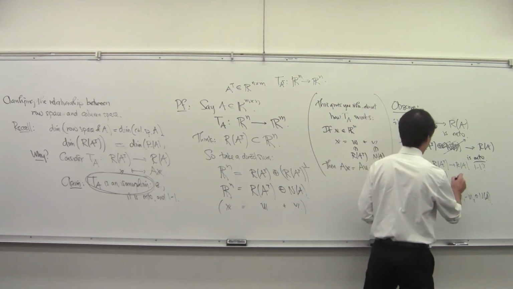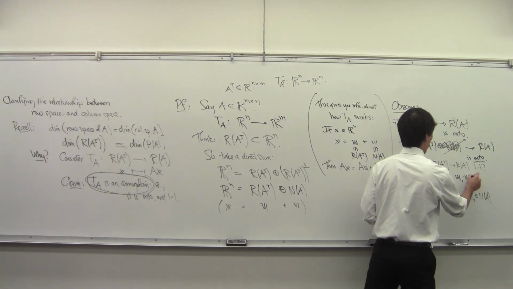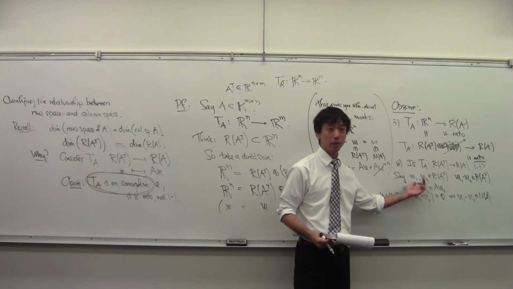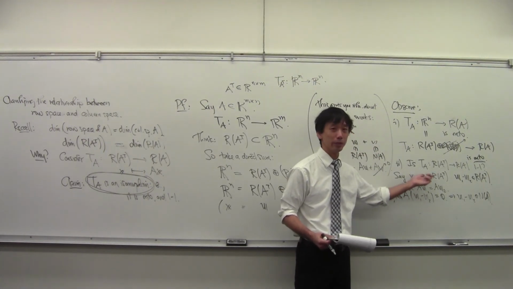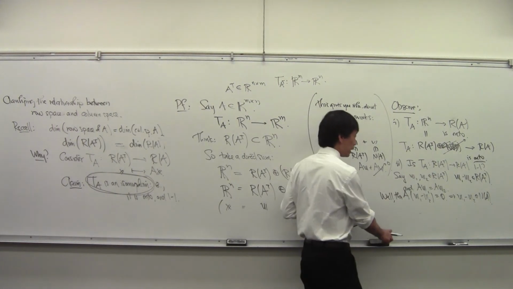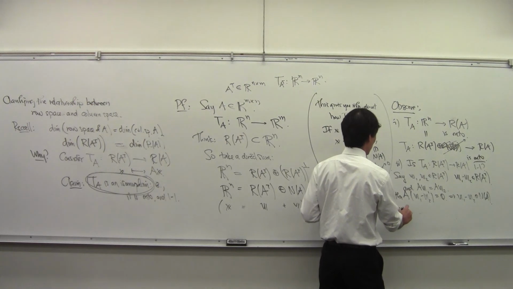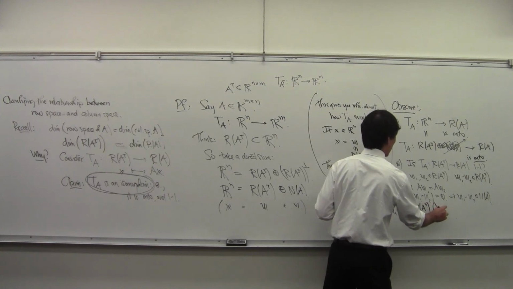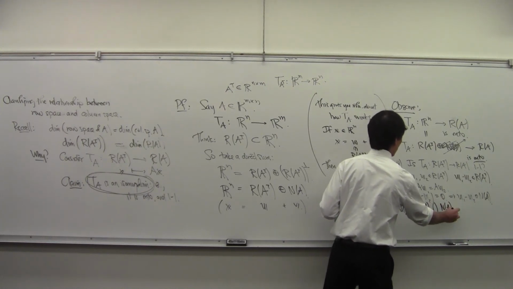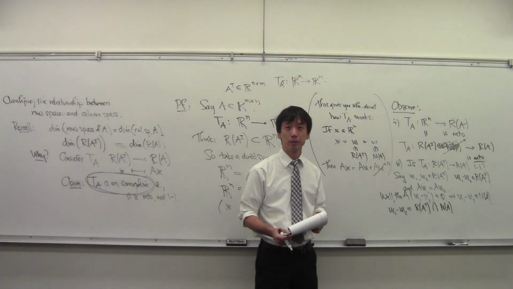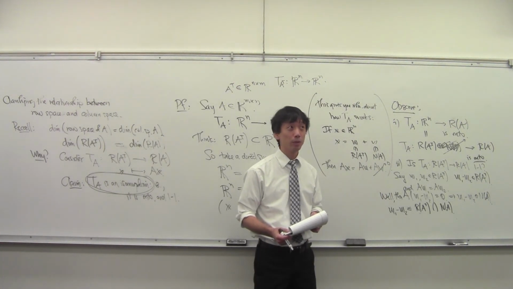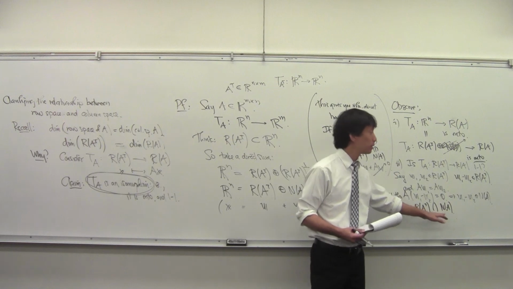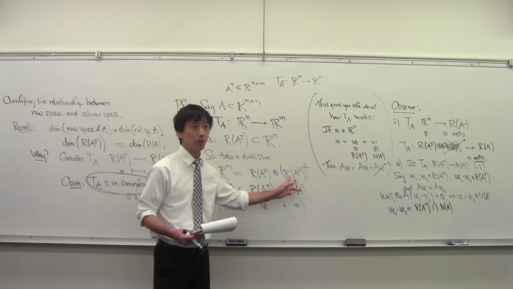But U1 minus U2 is in the range of A transpose, because U1 and U2 are themselves in the range of A transpose, so their difference is too. So U1 minus U2 is in the range of A transpose, and it's also in the null space of A. The null space of A is the range of A transpose perp.